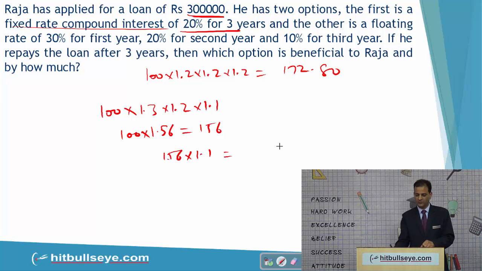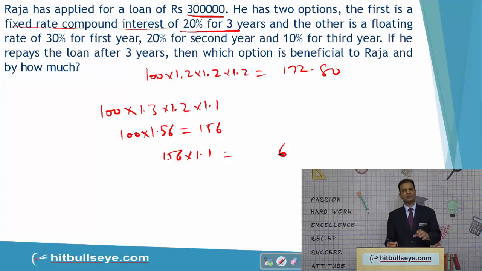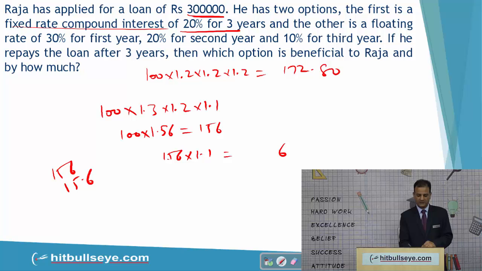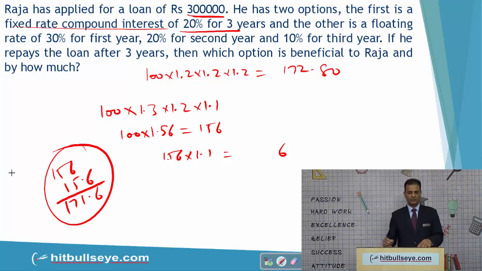There are two ways. Either you can add 15.6, which is 10% of 156, so 171.6. This is one way. Or you can multiply 156 into 1.1, it will also be the same, 171.6.